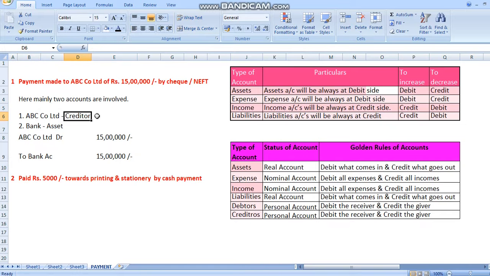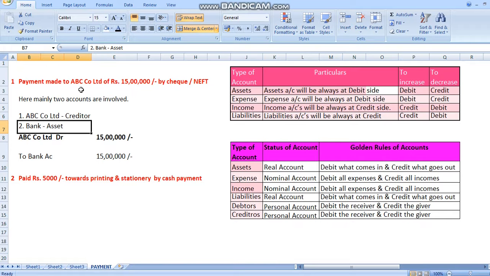You see the rule for creditor here. He is the person taking benefit, so debit the receiver. Since he is taking the benefit, he is the receiver, so we have to debit him. So we have debited here ABC Company Limited with 15 lakh rupees. Then the second one is the bank account.